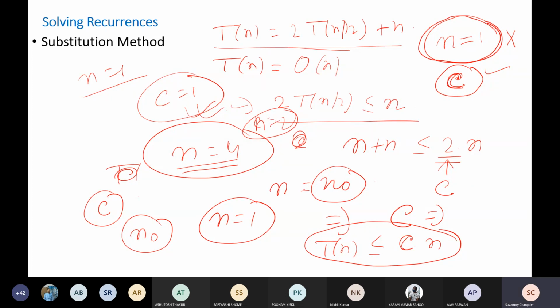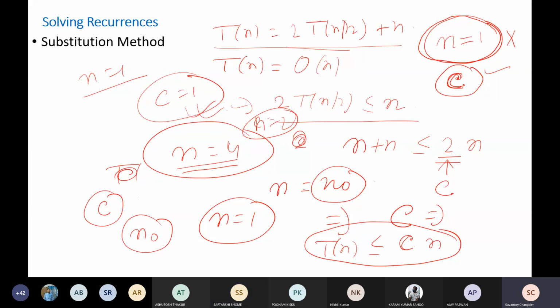Maybe you are not able to catch it now, but please check why, if we consider C equals to 2 from the beginning, it will be wrong. And even for C equals to 2, you may find that C is not equal to 2 for some higher value, when Cn equals to n. Clear? Yes, sir.